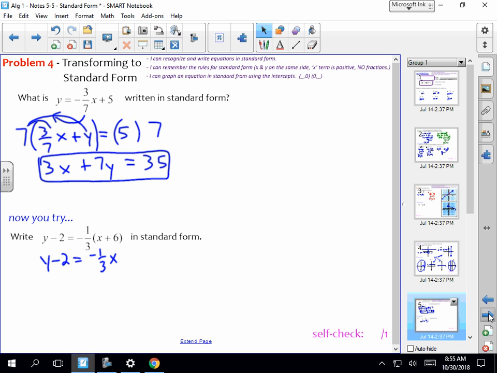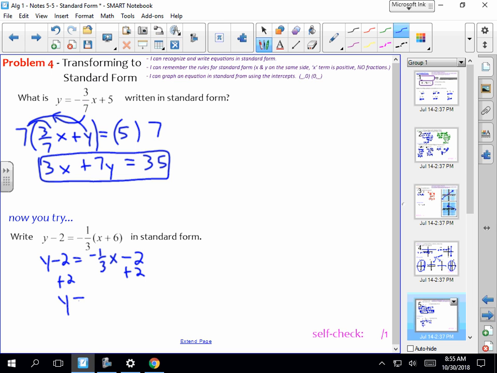And here's how it works. 6 times 1 is 6, divided by 3 is 2, and there's a negative sign out in front. So that's minus 2. And then I'm going to change this into slope-intercept form like the one above it before I change it to standard form. I'm going to do that by adding 2 to each side.